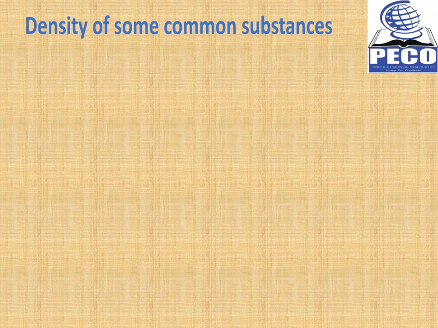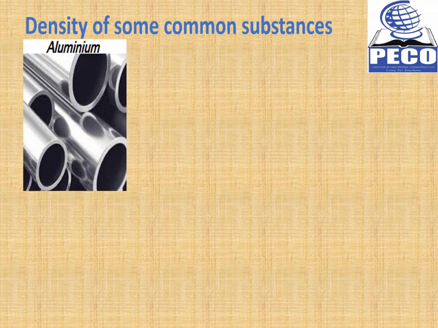Okay, that was just comparing. So now let's look at the density of some common substances which are around us or on the market. I'm starting with this metal called aluminium. Aluminium has a density of 2.7 grams per cubic centimeter.